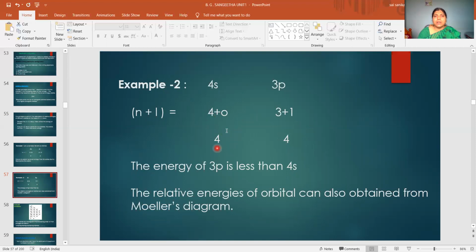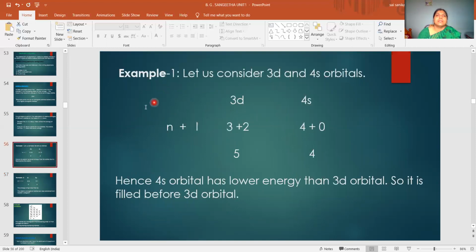So that's why electron will first enter into 3p orbital, then it will go to 4s orbital. So how do we use the n plus L rule? If n plus L value is more, its energy is more. If n plus L value is less, its energy is less. So the lesser energy orbital is filled first.